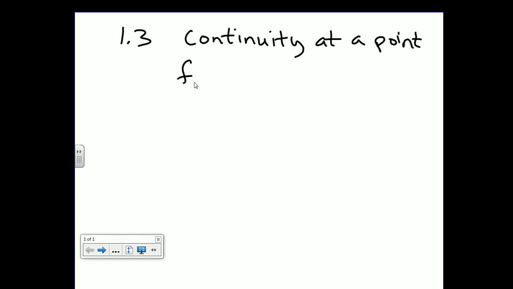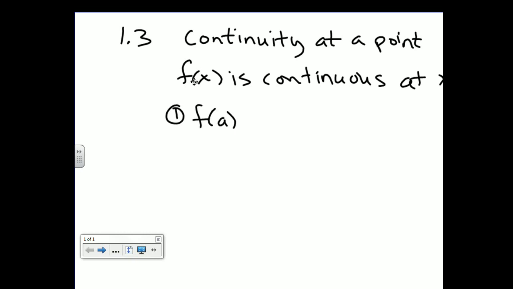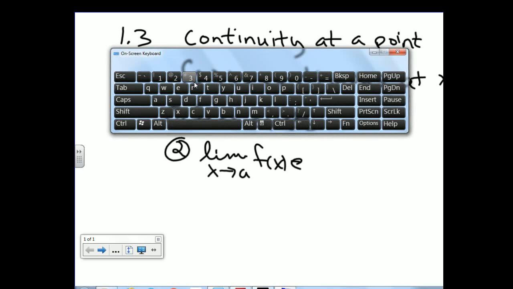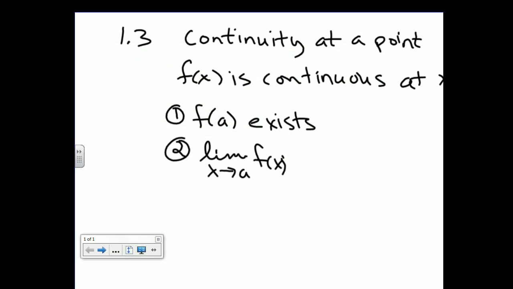A function f of x is said to be continuous at a point x equal a if and only if the following are true. 1, the function value f of a exists. 2, the limit as x approaches a of f of x exists.